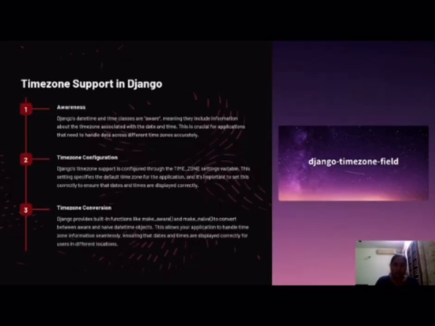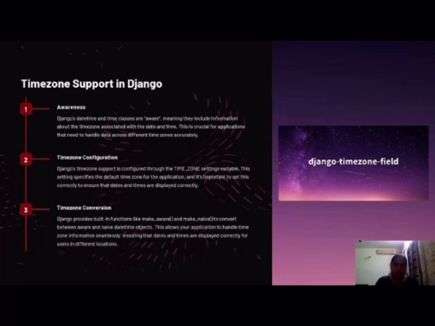Time zone support in Django. Awareness. Django's datetime and time classes are aware, meaning they include information about the time zone associated with the date and time. This is crucial for applications that need to handle data across different time zones accurately. Time zone configuration. Django's time zone support is configured through the TIME_ZONE settings variable.